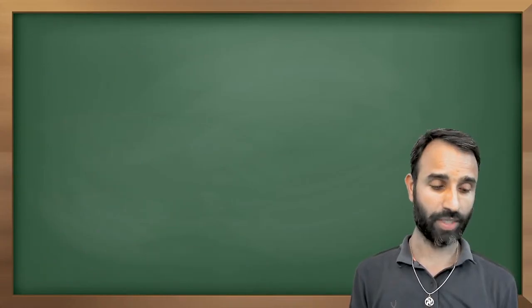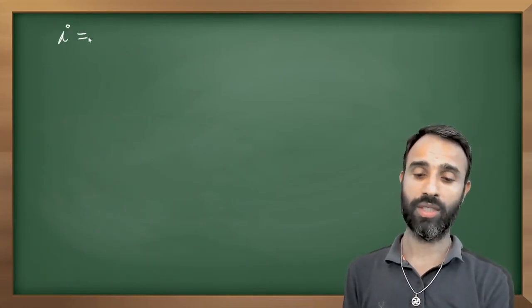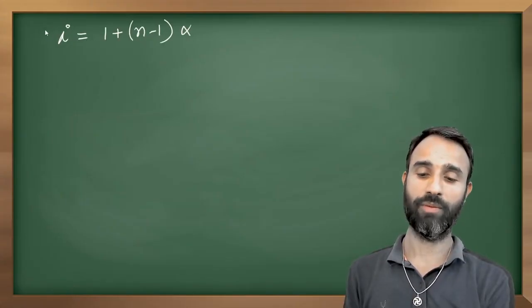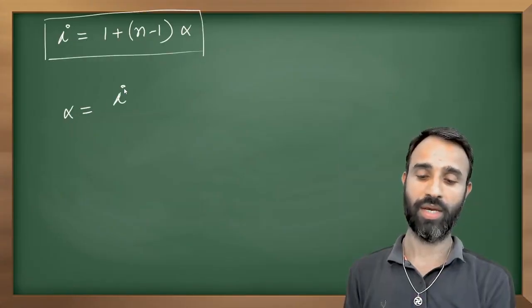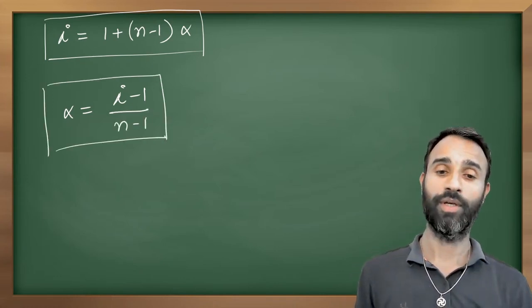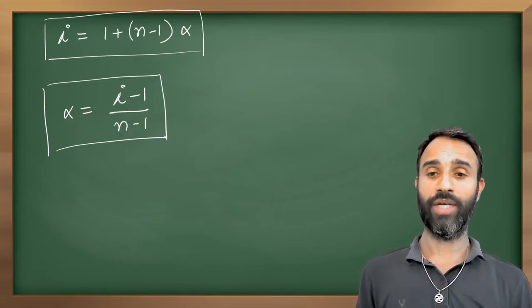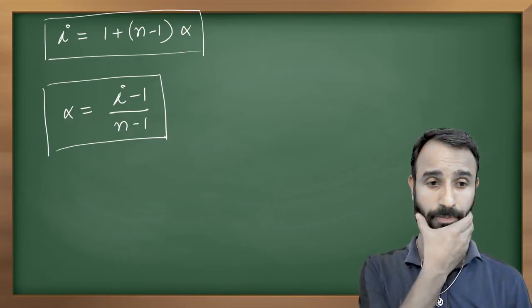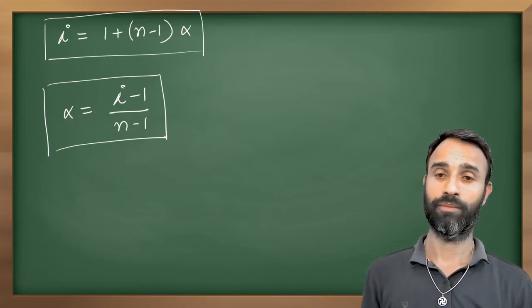First is i equals 1 plus (n minus 1) alpha, and second is alpha equals (i minus 1) over (n minus 1). Right? Got it?